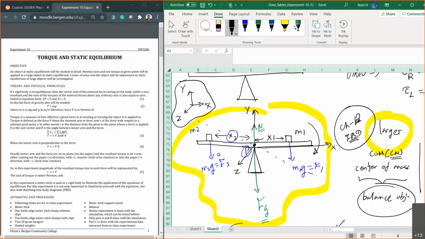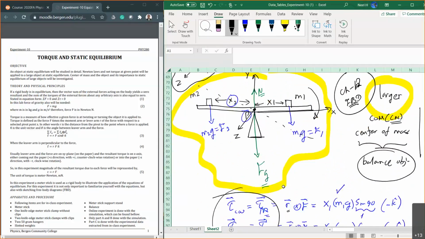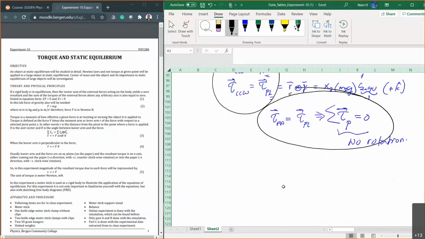Until this point, you don't need to worry about drawing the free body diagram this way. But when we go to chapter 12, I will remind you that the free body diagram should look like that. Otherwise, it has no meaning. This is the part that is going to connect to the PHY 294 class. Even though it is under PHY, it is not a physics class, it is actually an engineering mechanics class.